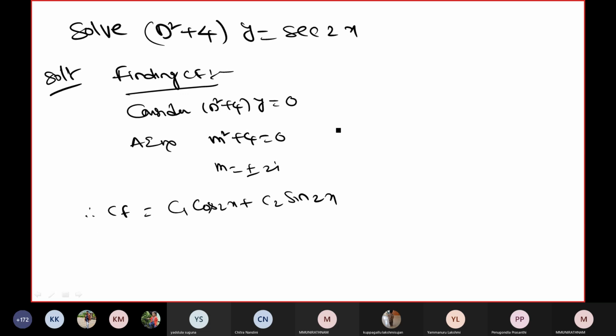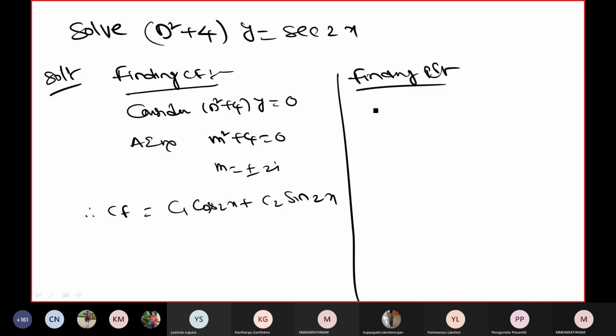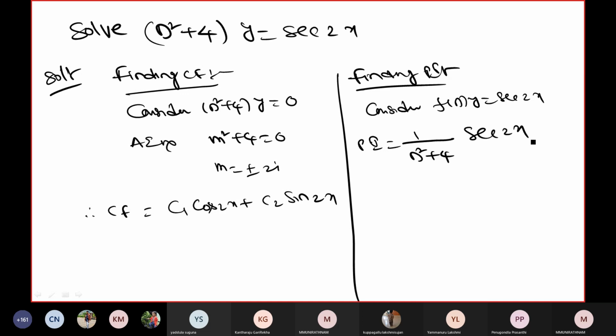Now finding pi. This will be written as d plus 2i into d minus 2i, so we'll go by partial fractions.